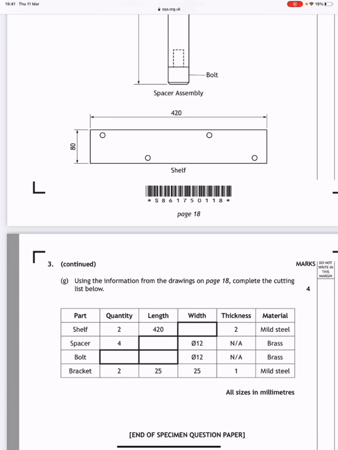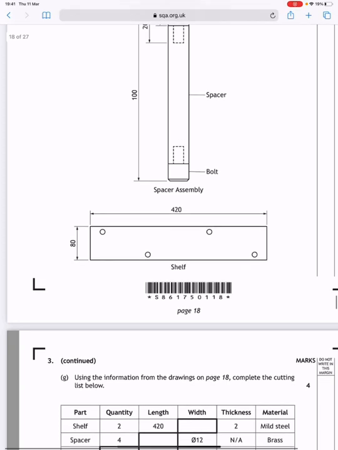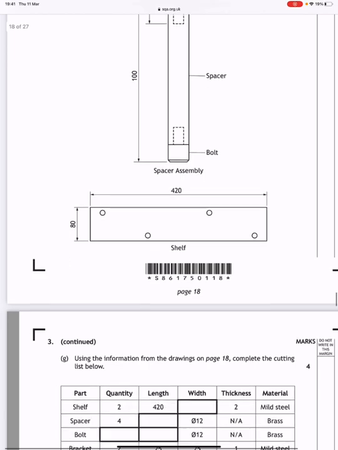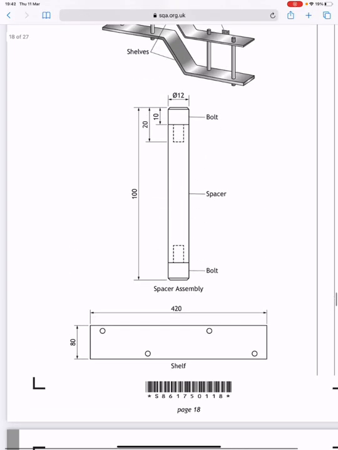So we've got the shelf, which we can see here, and we've got how many shelves? We need two shelves. The length is 120mm, its width is clearly 80mm, and it's 2mm thick. It's made from mild steel. The spacer is, well, this has got a spacer with the bolts attached at either end.